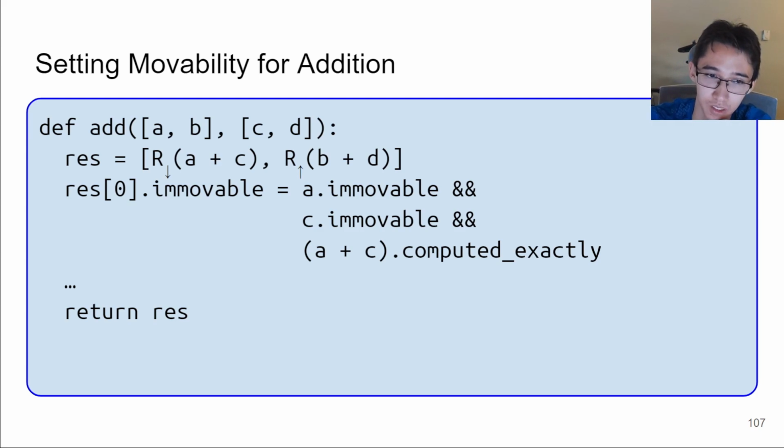C is immovable, proving that it also won't change. And the addition here, A plus C, is exactly computed. And we need that it was exactly computed because we need to make sure no rounding happened. Because if rounding happened, it may change as precision is increased. And so we similarly set this for the right endpoint.